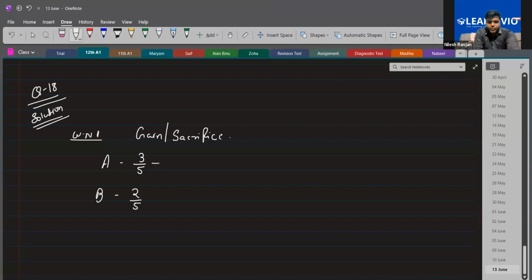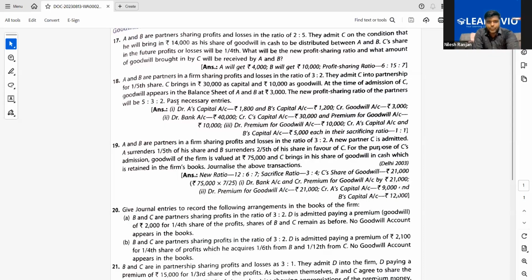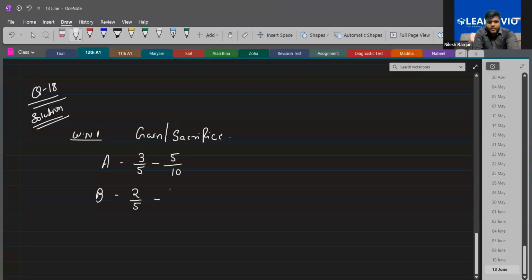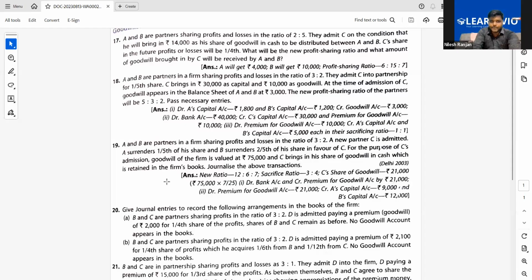Now the new ratio they are getting is 5:3:2, so 5/10 and 3/10. The 2/10 is the new partner's share.